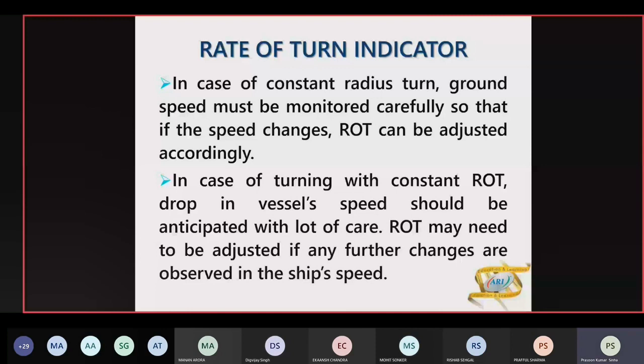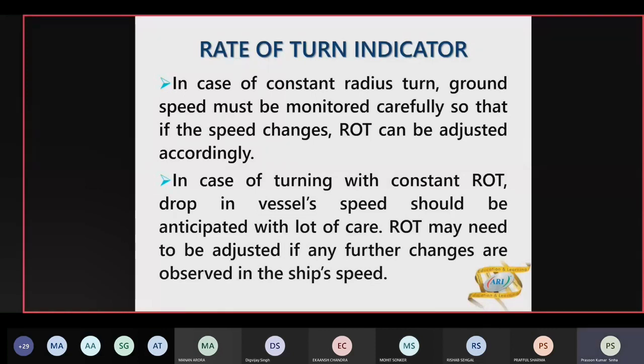Reducing speed, reducing ROT also. If we are doing constant ROT जिसमें average speed लिया है, then also we have to monitor the turn very closely, because it was only an estimation and it can be little bit up and down.